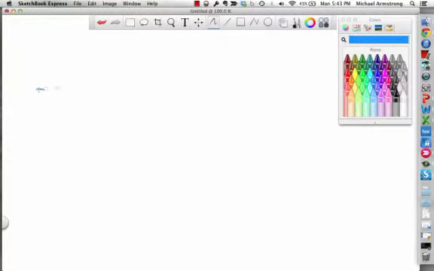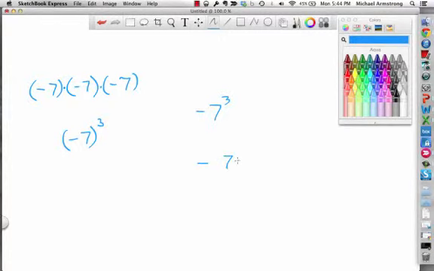For instance, if we have -7, this is another example, times -7 times -7. And you can do it just like this, or you can put that little multiplication dot in there. There's 3 -7s, so this would be (-7) to the third power. But that's very different than if I say -7 to the third power without the parenthesis. These are not the same. Without the parenthesis, this is like saying -(7 times 7 times 7).